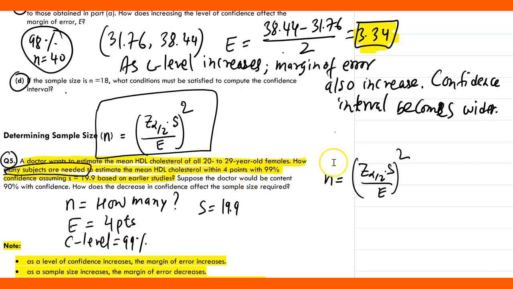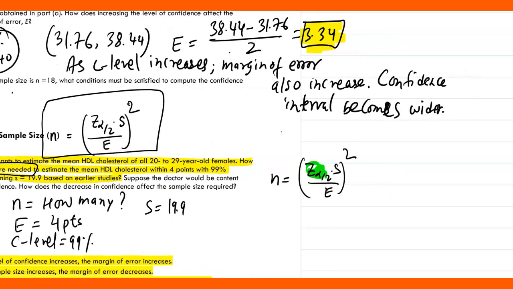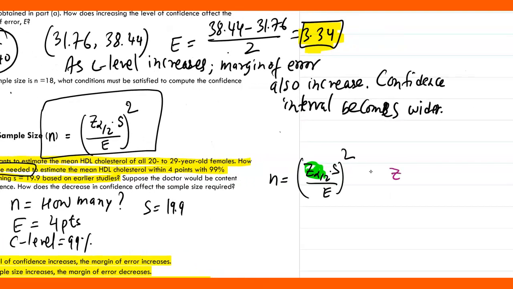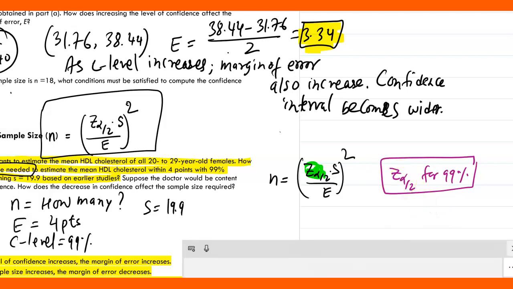But we have everything except the critical value. My question is, what is z alpha over 2 for 99%? In other words, for a 99% confidence level, what's the critical value?